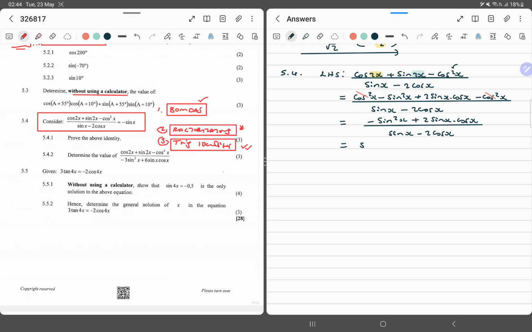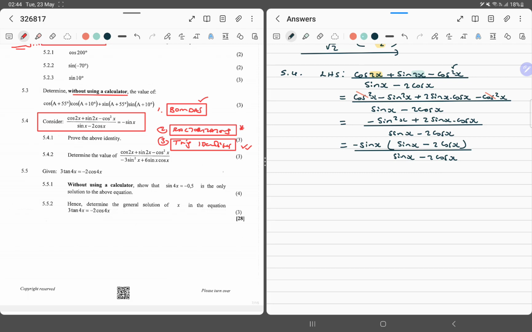Now let's be smart about the business here. We want this to remain like the denominator, so we're going to take minus sine x. Now all that remains inside is going to be sine x minus 2 cos x, over sine x minus 2 cos x.